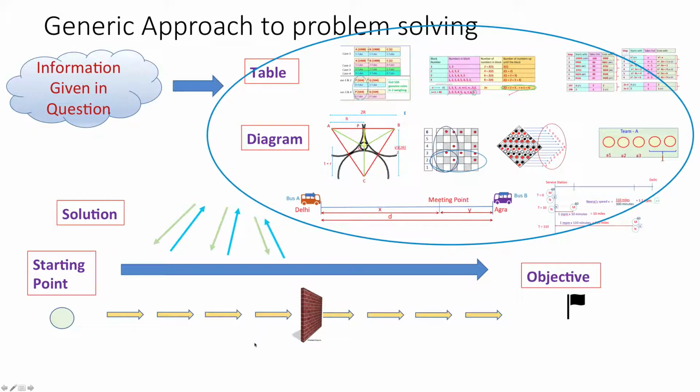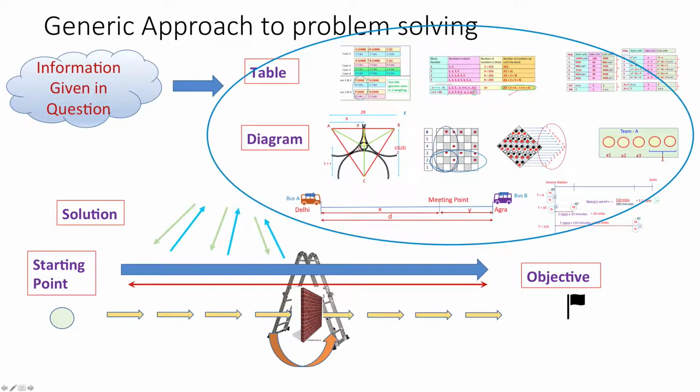When you get a brick wall like this, what you typically do is get hold of either a ladder to overcome this brick wall, or you dig out a tunnel below this wall to overcome it. Once you are able to come to the right side of the wall, your journey becomes smooth. In the parlance of problem solving, this is what we call making an assumption.